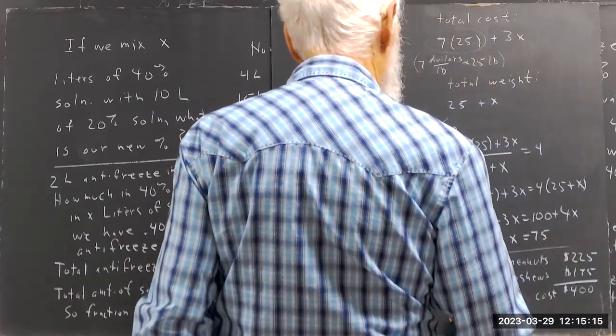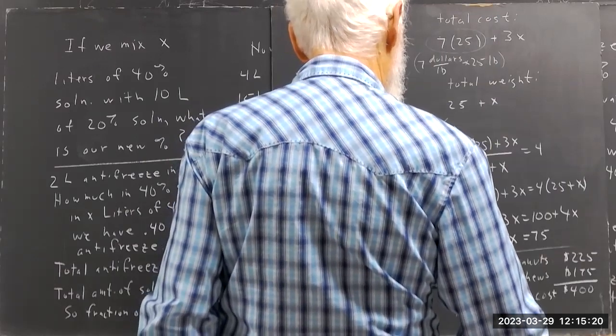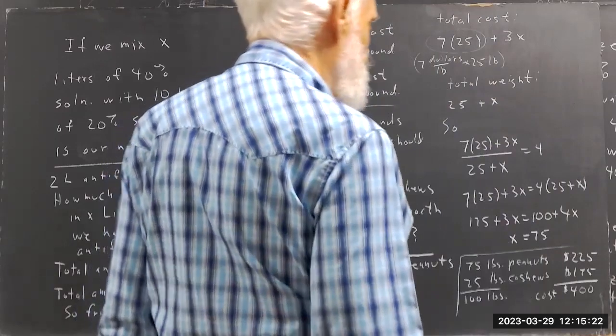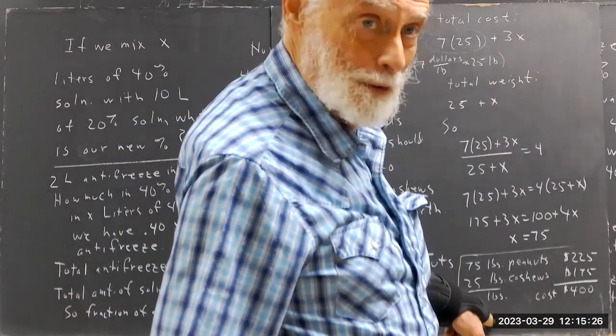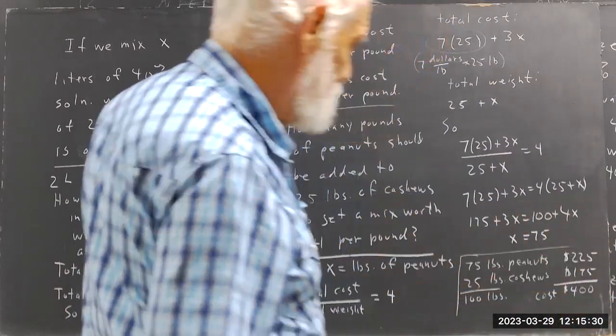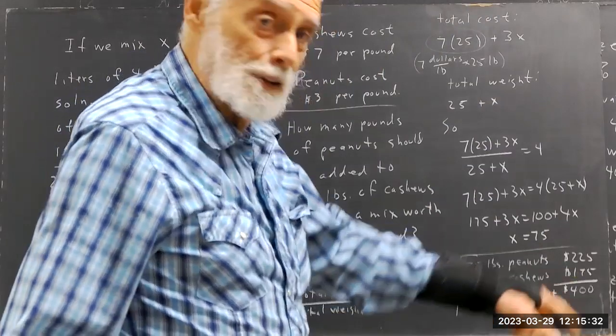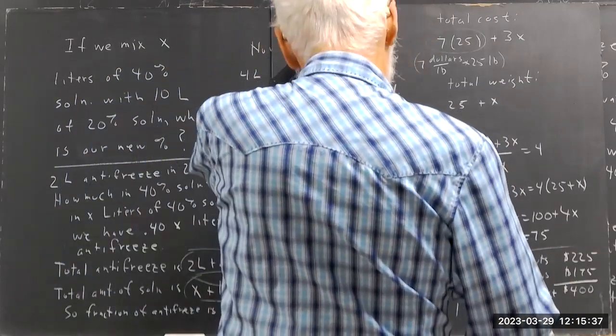And we add these and we get 100 pounds. Well, $400 for 100 pounds is $4 per pound. So we don't really have to do anything further with that because we can see. Still, we can write it down.